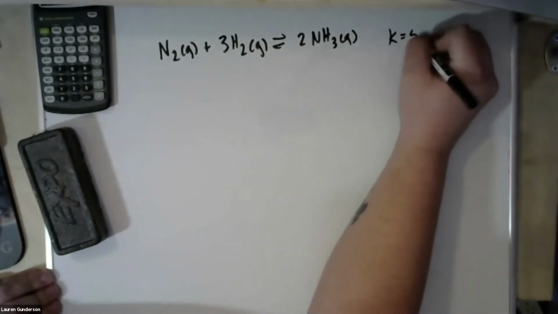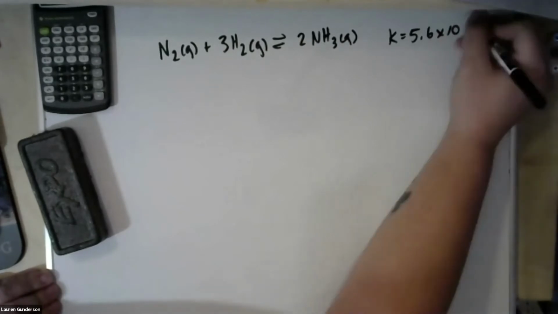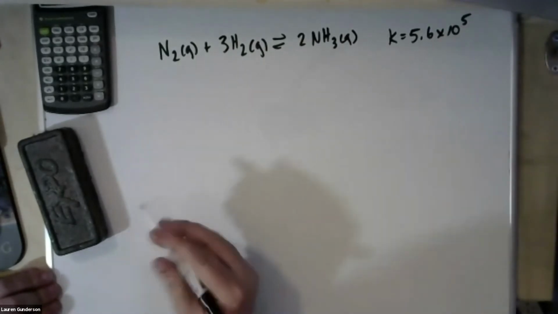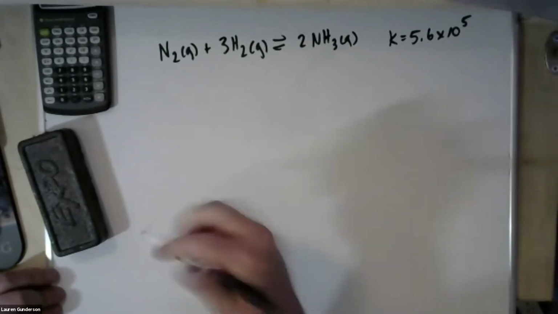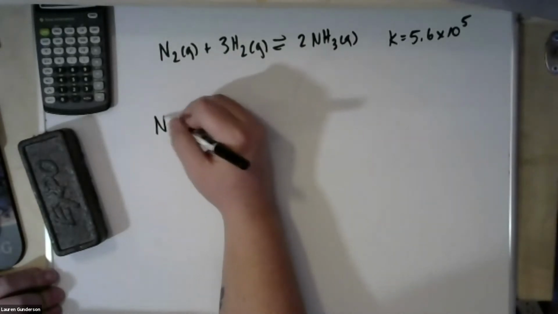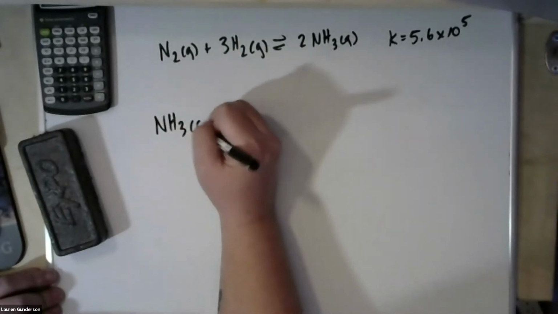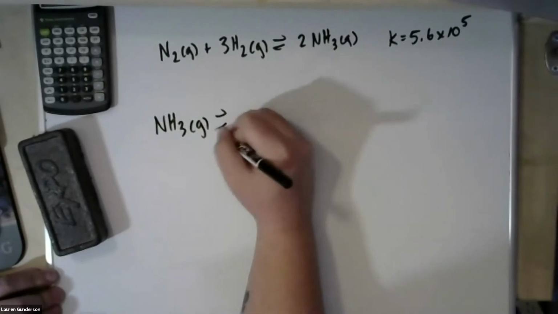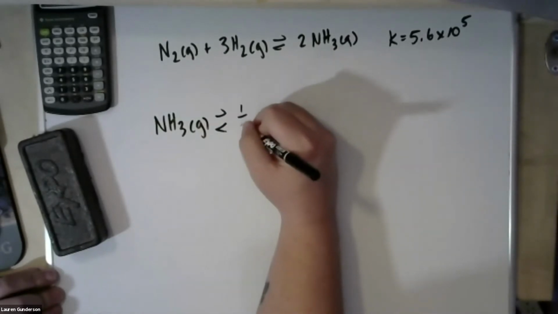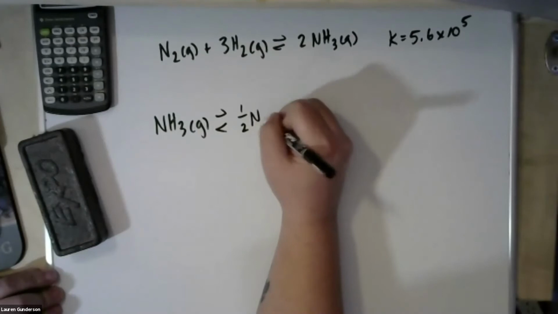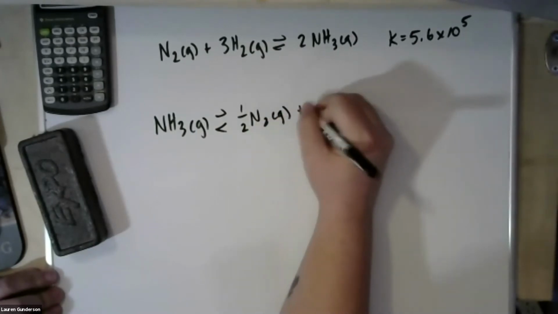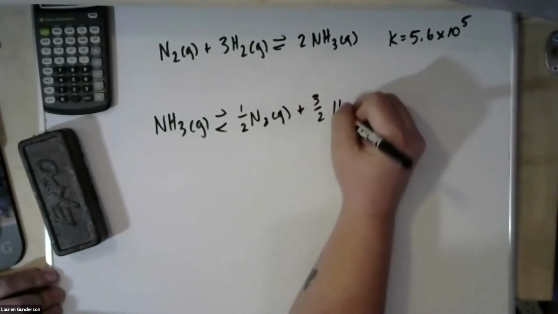Okay, we have a K value of 5.6 times 10 to the positive 5. So to get to this reaction, the new version of this reaction, this one is NH3 yields 1/2 N2 plus 3/2 H2.